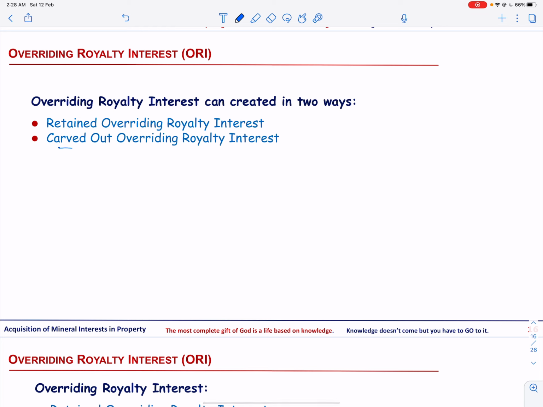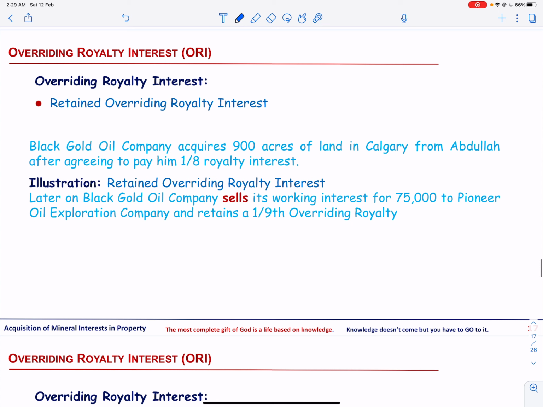Carved out means to create or obtain something that helps you by skillful activities. In case of retained overriding royalty interest, the owner of working interest sells its working interest and retains the overriding royalty interest. Let us look into an example over here.